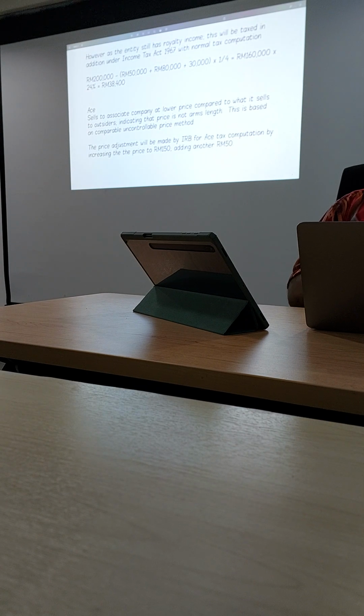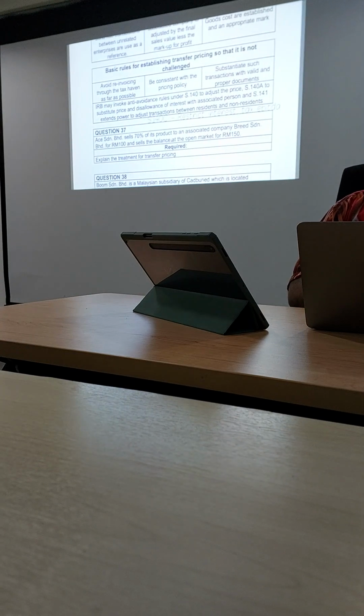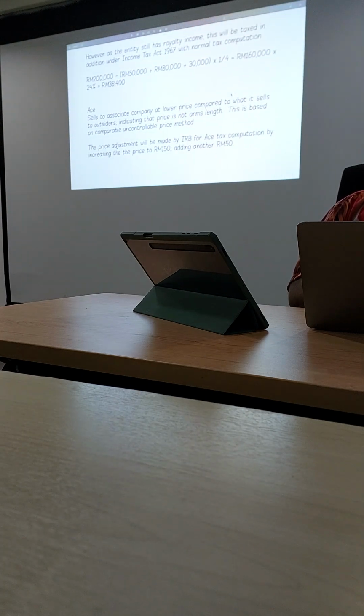Which section does this fall under? Section 140. That's it, 140. So the implication is they need to increase the price. IRB will increase it for you, and IRB will charge you. You have to pay, based on the $50 extra profit, because the price is not arm's length.